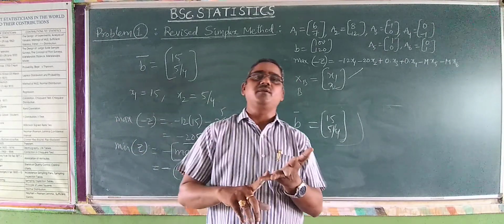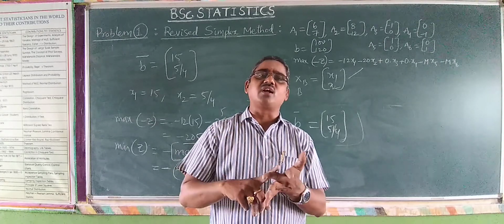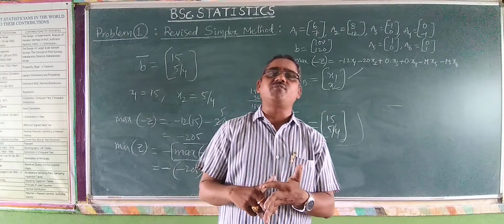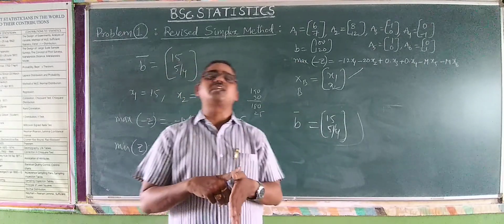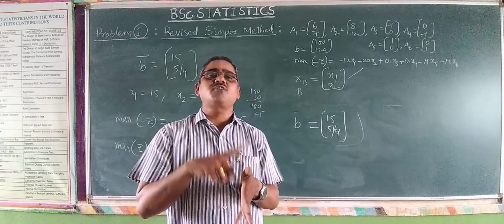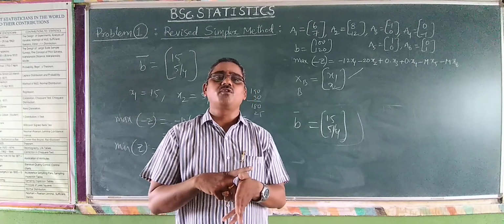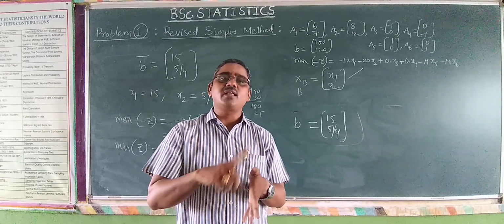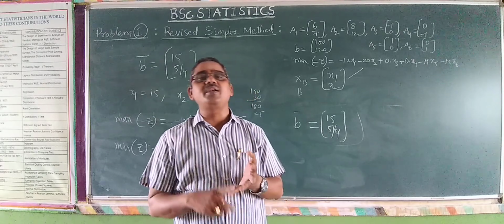First XB, and then you have to go for capital B inverse, and b bar, the current basic feasible solution, formula B inverse b. Then write cB transpose, that is the cost of the basis vectors' variables. Then calculate pi, the simplex multiplier, formula cB transpose B inverse.